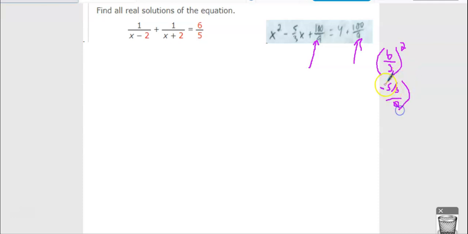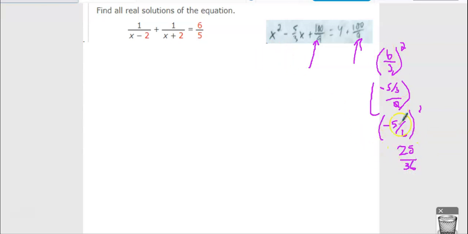So 5/3 divided by 2 is negative 5/6. And then when you square that, you're going to get 25/36. So 25 over 36 is what you should be adding to both sides.